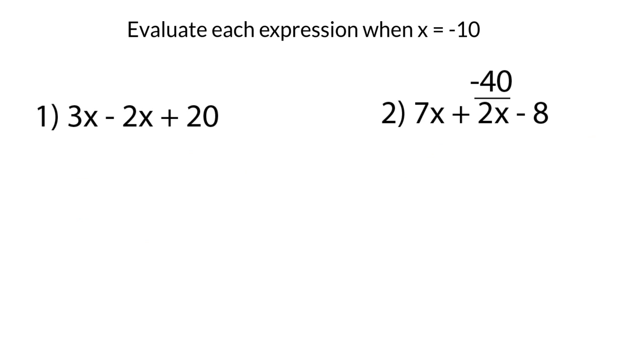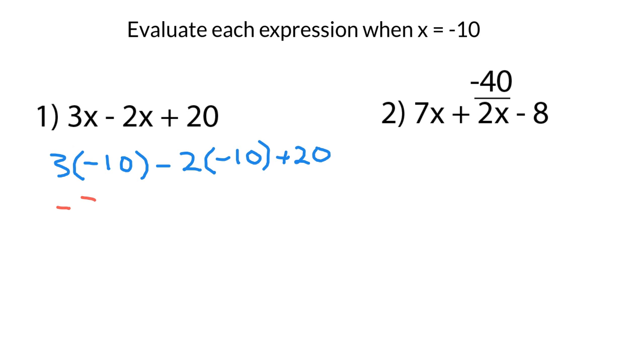I would like you to try these 2 examples before you finish the tutorial. So we're going to substitute x and replace it with -10. So 3 times -10, subtract 2 times -10 plus 20. 3 times -10 makes -30.